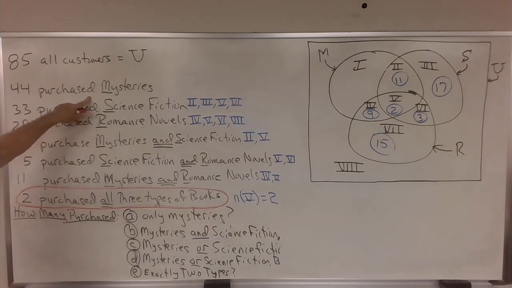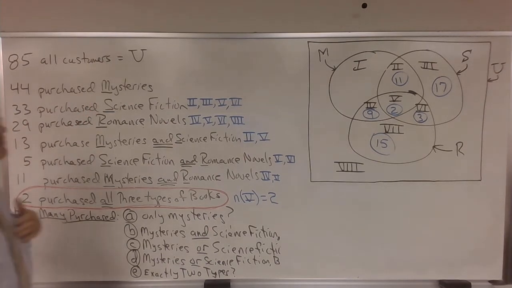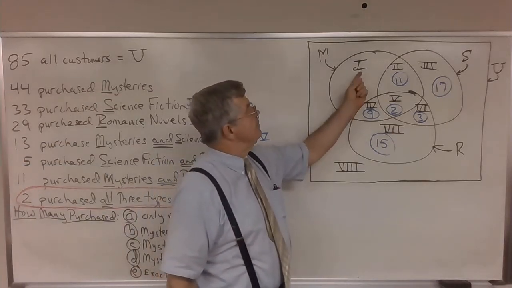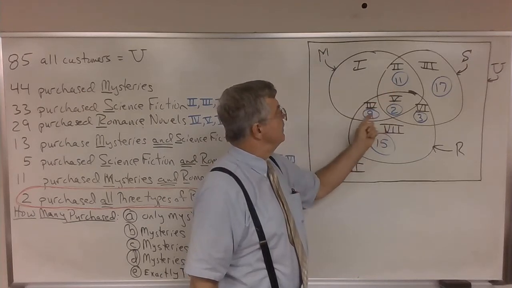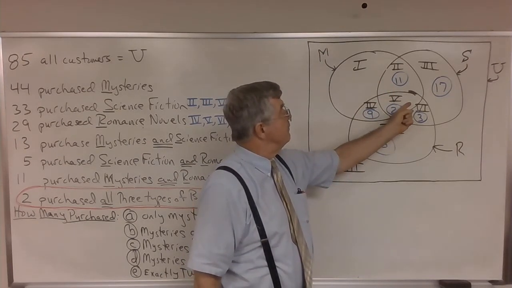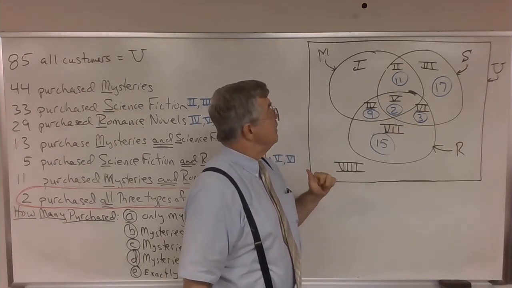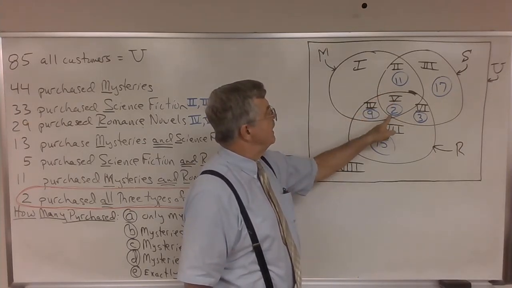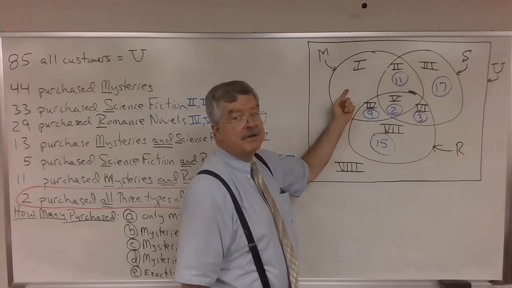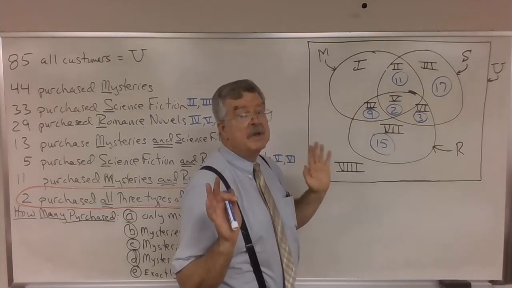"44 people purchased mysteries." Let's look at the mystery circle. The mystery circle contains regions 1, 2, 4, and 5. And we know how many people are in regions 2, 4, and 5. The only region we don't know is region 1. We can find it.